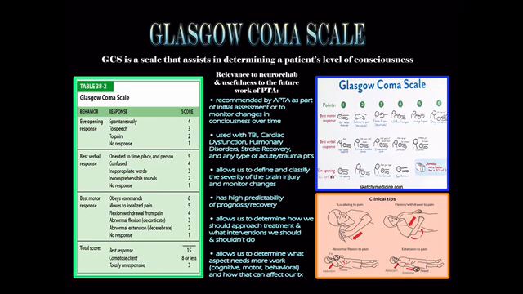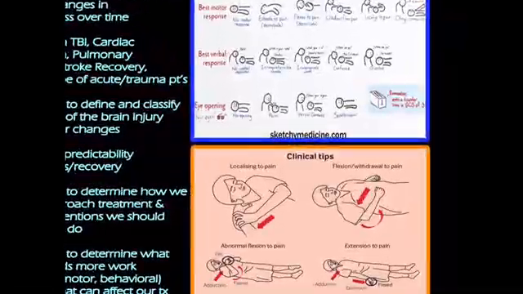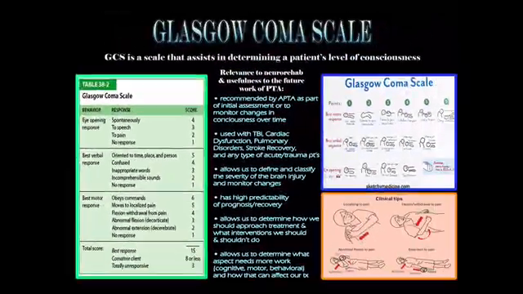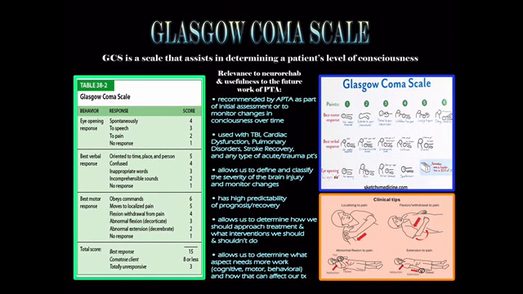For motor response, a 2 would mean abnormal extension reaction. They would show a decerebrate position. I have here in the orange picture, the bottom right, how they would react. They would adduct, extend their elbow, and flex their wrist to the pain or to the stimulus you apply.